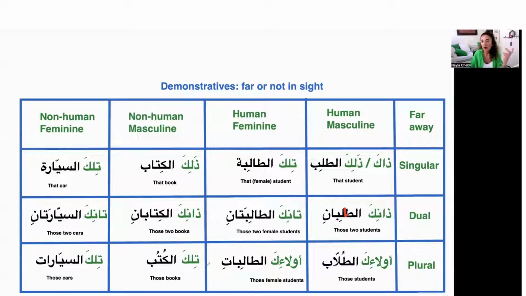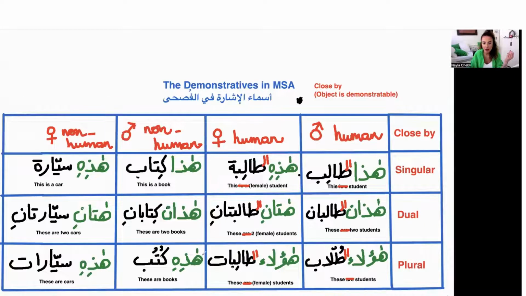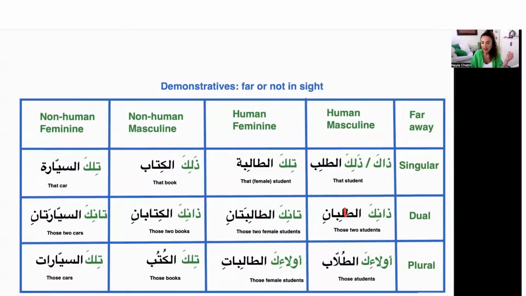You're probably wondering, why do we use the singular feminine for a plural of things? Here we use tilka, and back to the close by we used هذه, which was the singular feminine. This is because in Modern Standard Arabic, the non-human plural is considered singular feminine.